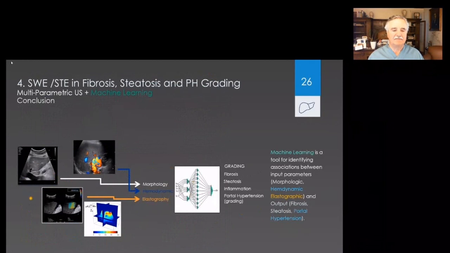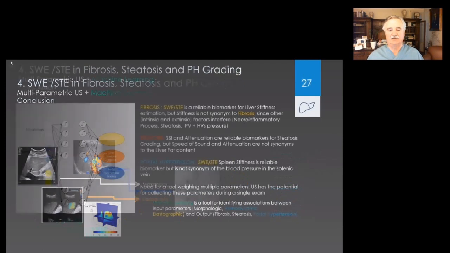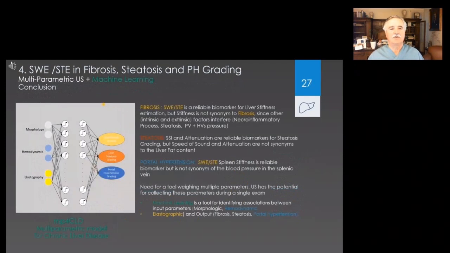In a more schematic way, this is the neural network combining morphology, hemodynamics, and elastography measurements in order to grade fibrosis, steatosis, and inflammation. Concluding, shear wave elastography for fibrosis, steatosis, and portal hypertension grading.